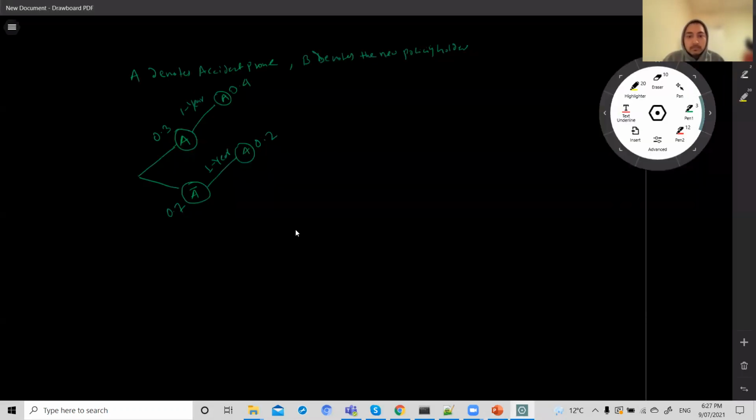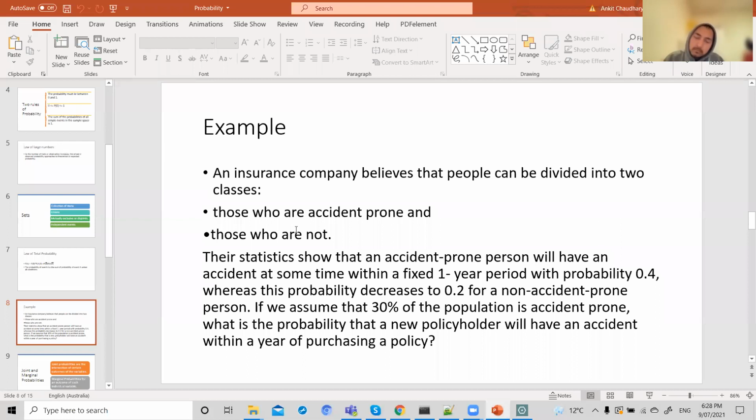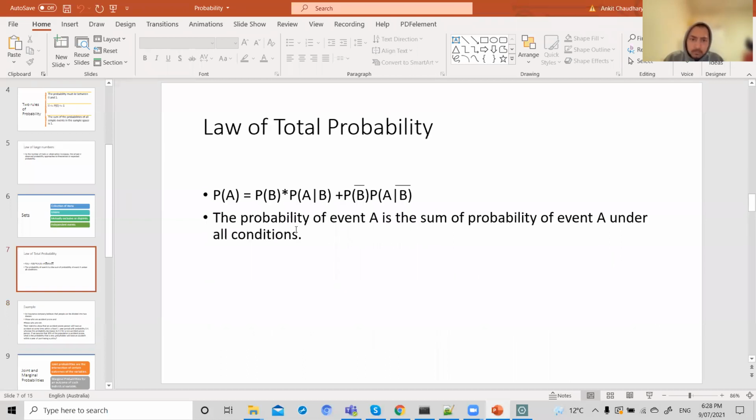Then what would be the probability? The one who has an accident. So by the law of total probability, it is those who are accident prone and have an accident plus those who are not accident prone and have an accident, right? So 0.3 times 0.4 plus 0.7 times 0.2, right? So this is what the law of total probability says.